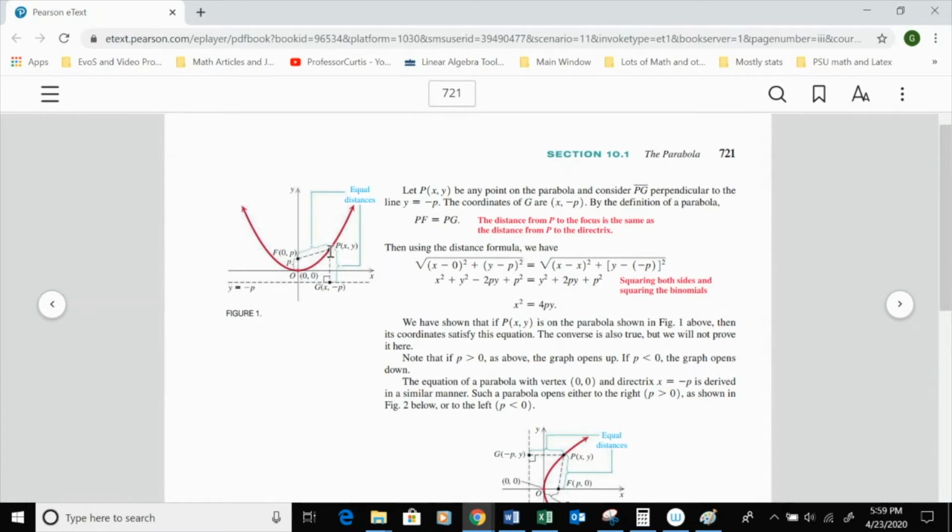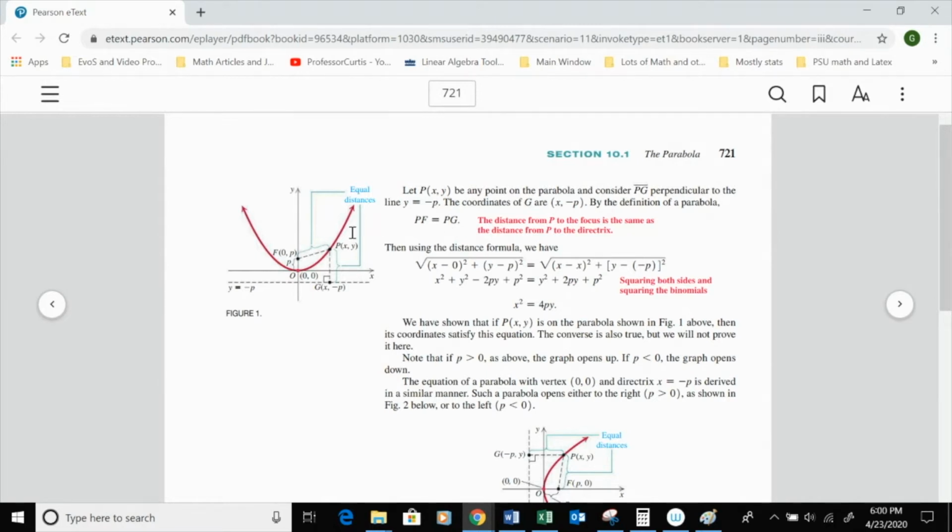Okay, then, what's the distance from this point to this point? In other words, what's the distance from the point on the parabola to the directrix? And you say, well, it's PG. So that's the name of this distance, right? Does it feel like 10th grade geometry? I'm sorry to bring back dramatic events.